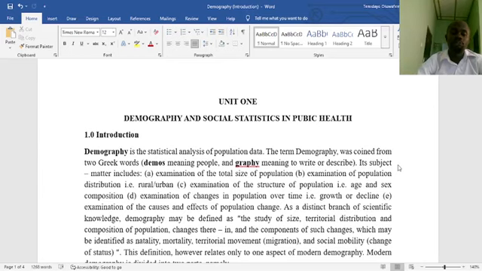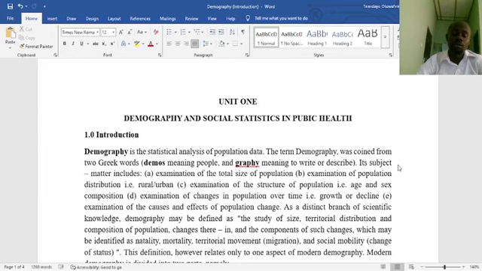Demography focuses on examination of the total size of people, the distribution either in urban or rural areas, the structure of the people, age, sex composition, height, depending on what you want, gender included, the change of population over time, either growing or declining, and the causes and effects of the population change.